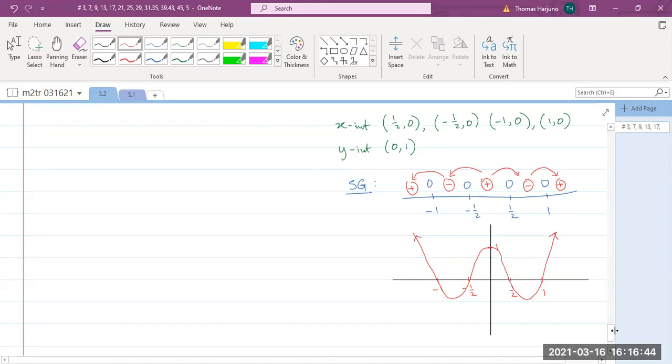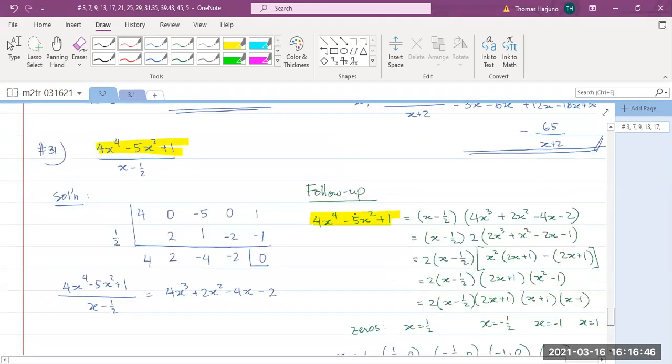In fact, if you look at this polynomial here, this p(x), notice that it is an even function. So p(-x) equals p(x) itself. So it has y-axis symmetry.